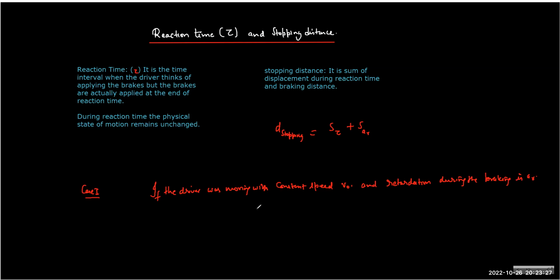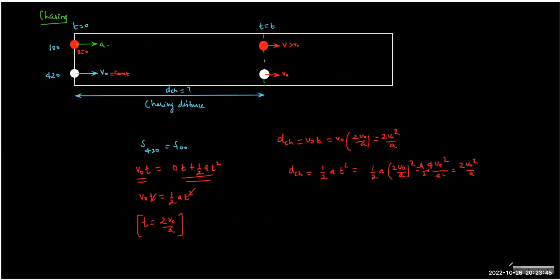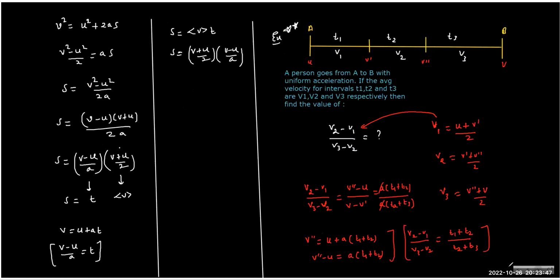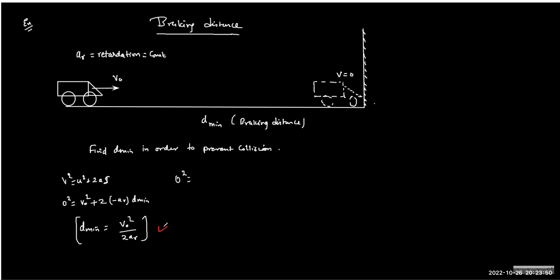If you were moving at constant speed, then S tau will be V naught into tau, because you will continue moving with the same speed till the end of the reaction time. And the braking distance we have calculated is V naught square by 2a_R, right? If you remember today's lecture. This was the braking distance, right? Yes, sir. So you can do the calculation, but I'm just stating the answer directly: V naught square by 2a_R.